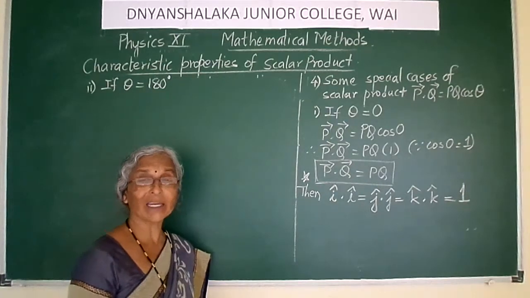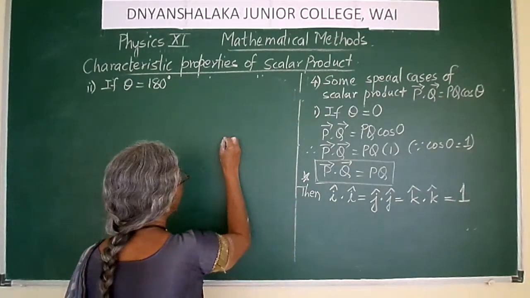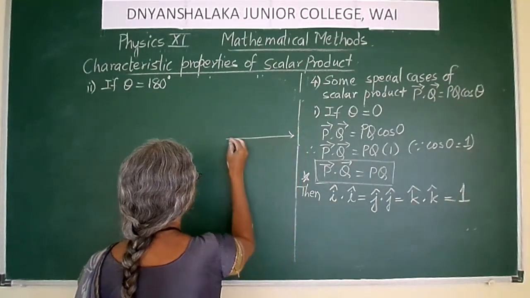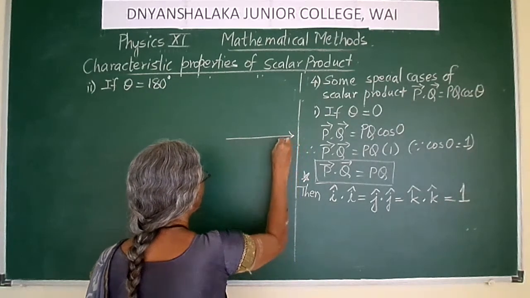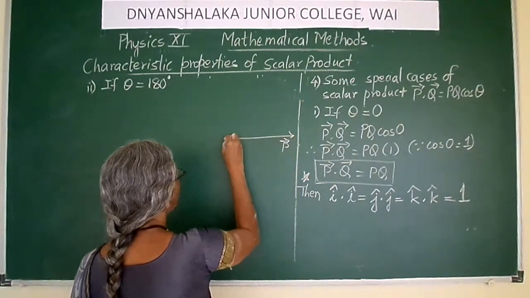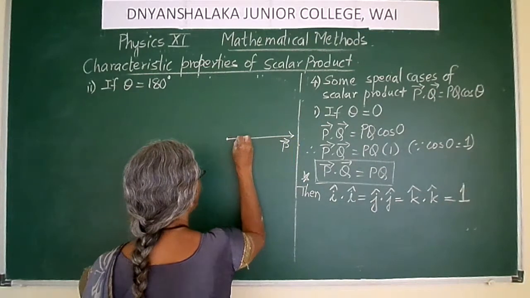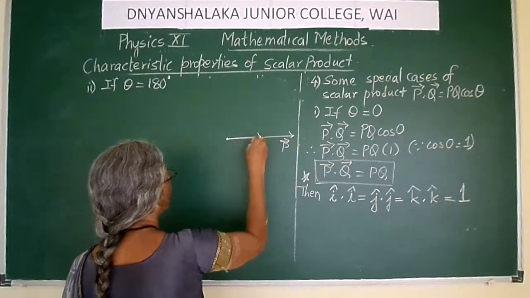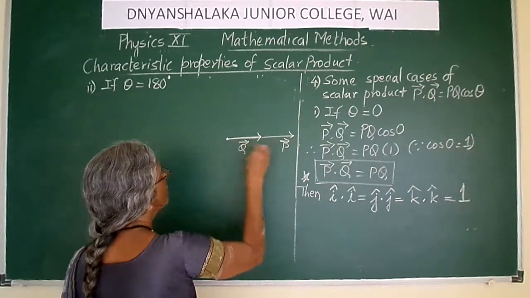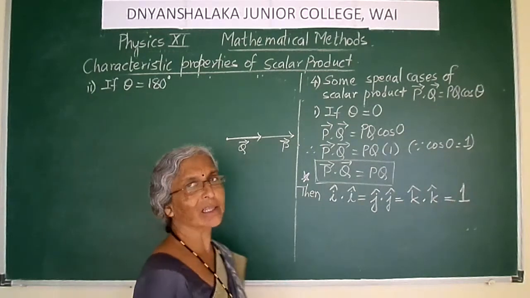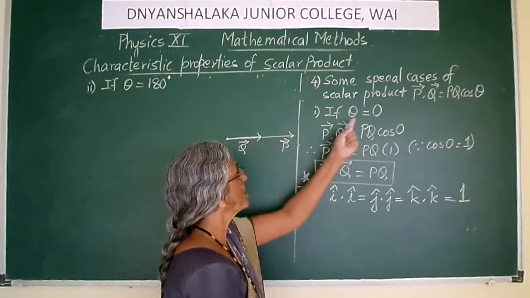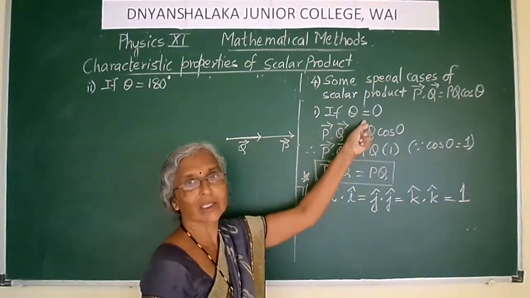What are we considering? देखो, theta is equal to 0 degrees मतलब ये वेक्टर P है, तो वेक्टर Q भी उसी के डायरेक्शन में, उसी के ऊपर चलने वाला वेक्टर है, वेक्टर Q. तो दोनों के बीच का एंगल कितना हुआ? 0. This is the consideration here in this case.